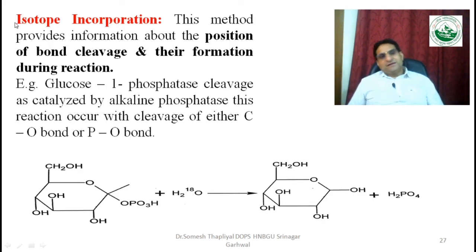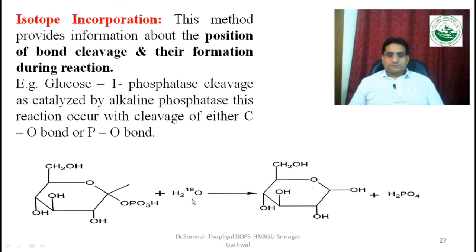Then another method is isotope incorporation. This method gives information about the positions of bond cleavage and formation. For example, glucose 1-phosphate is cleaved into the glucose molecule. So there may be cleavage of either the C-O bond or the P-O bond.